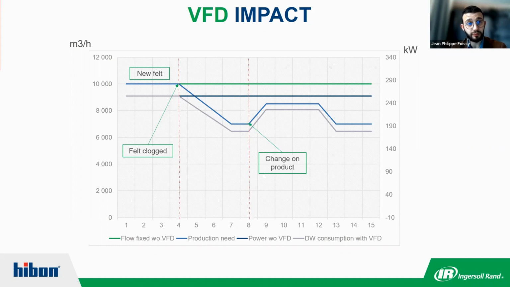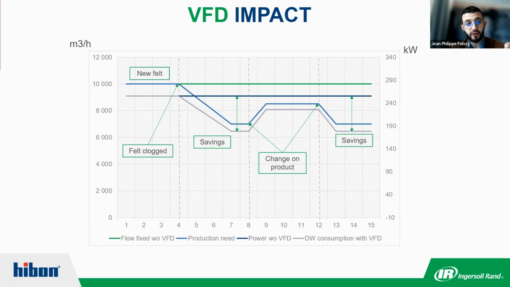So the need will go up, and the machine will follow that. So we will have a certain moment when the machine will have this higher flow, not the maximum one, but nevertheless, and then another change of product going back to the original, let's say, clogged situation.